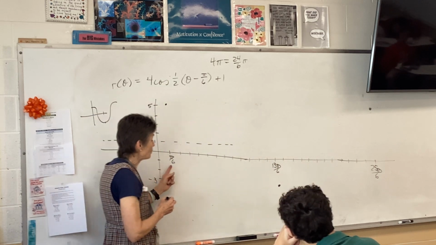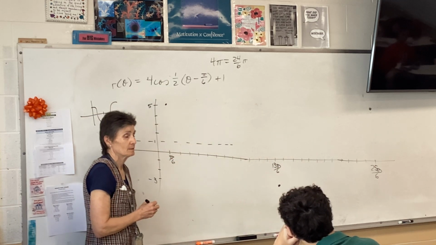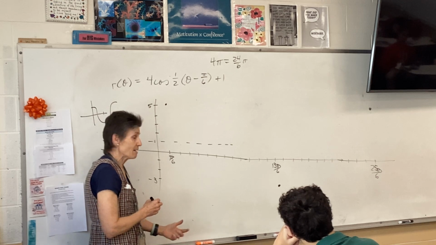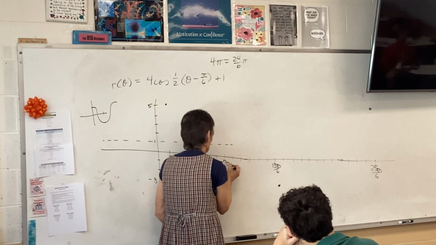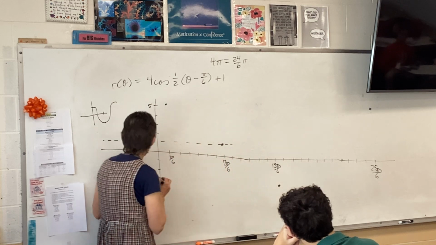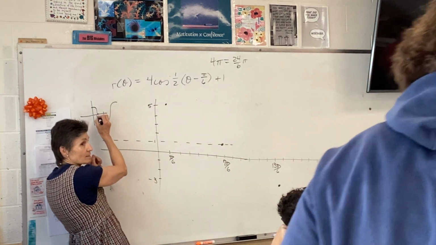Now, halfway between 1 and 13, which would be 7, is my 0, where I cross the axis.